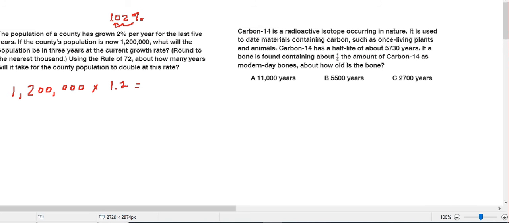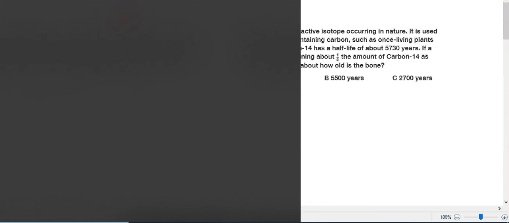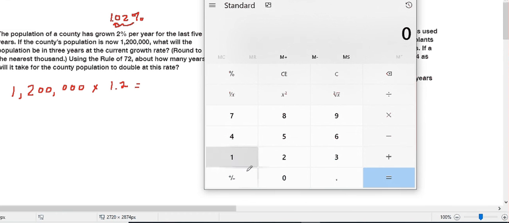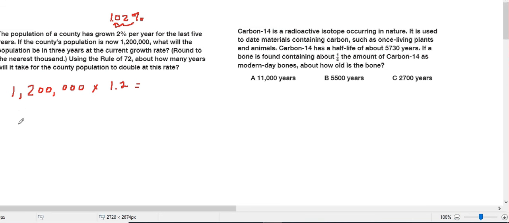Let me pull up my calculator to find what that would come to. $1,040,000.